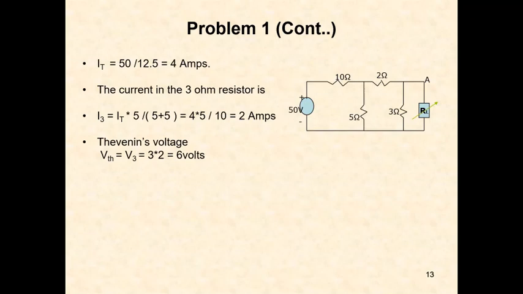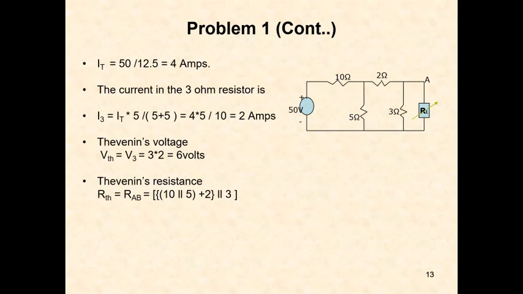And now we have to find the Thevenin's resistance. We short circuit the voltage source, then the 10 and 5 parallel combination is in series with 2, and that combination is in parallel with 3 ohms.